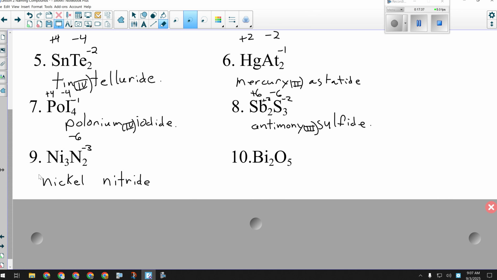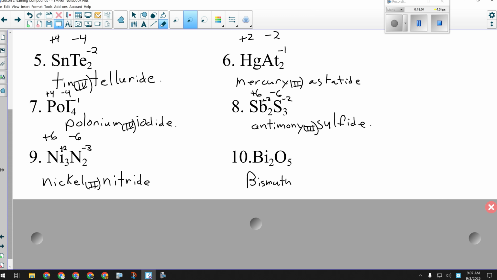That means 6 electrons have to come from 3 nickel. 6 divided by 3 says that each nickel has to give up 2 electrons to make this work. This is nickel 2 nitride.